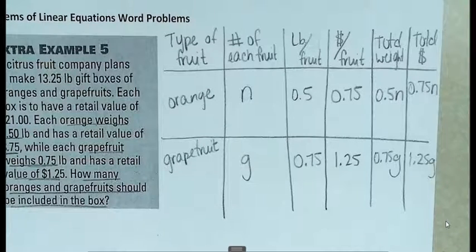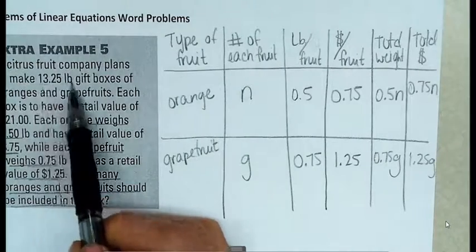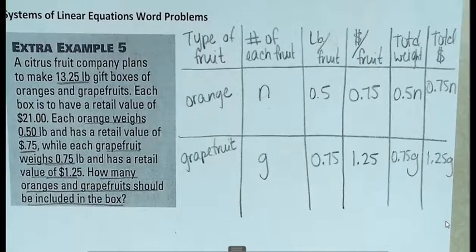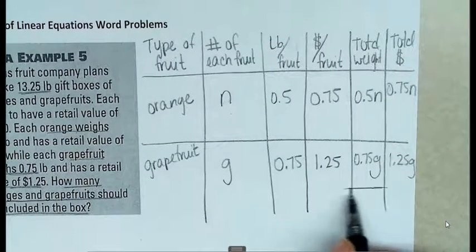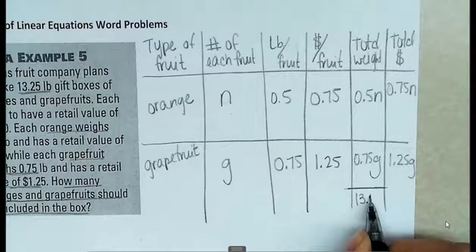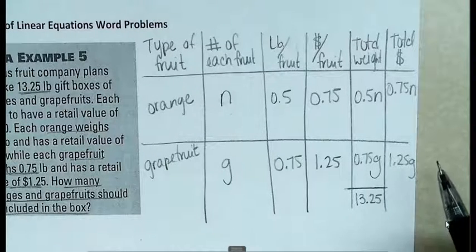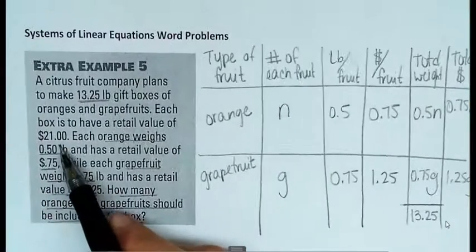Oh wait, I have one more thing. They are going to make a total of 13¼ pounds. So my total weight here needs to end up being 13.25. And then my total cost: each box is to have a retail value of $21.